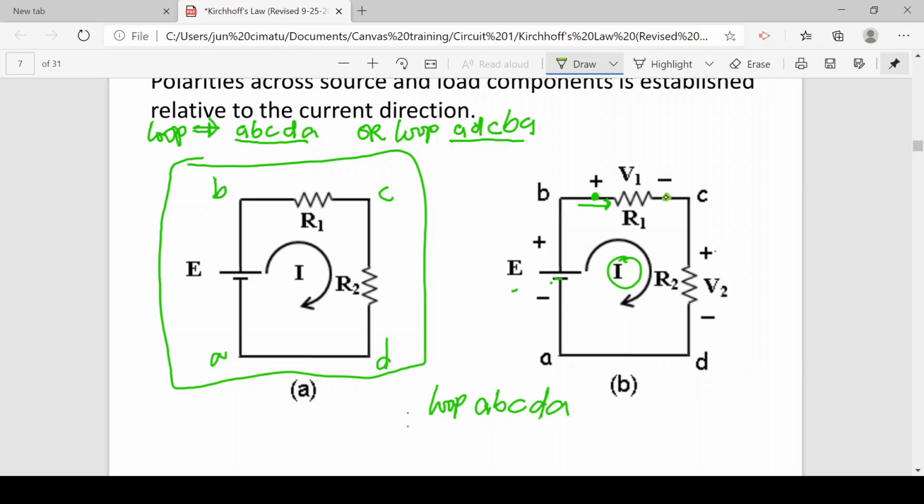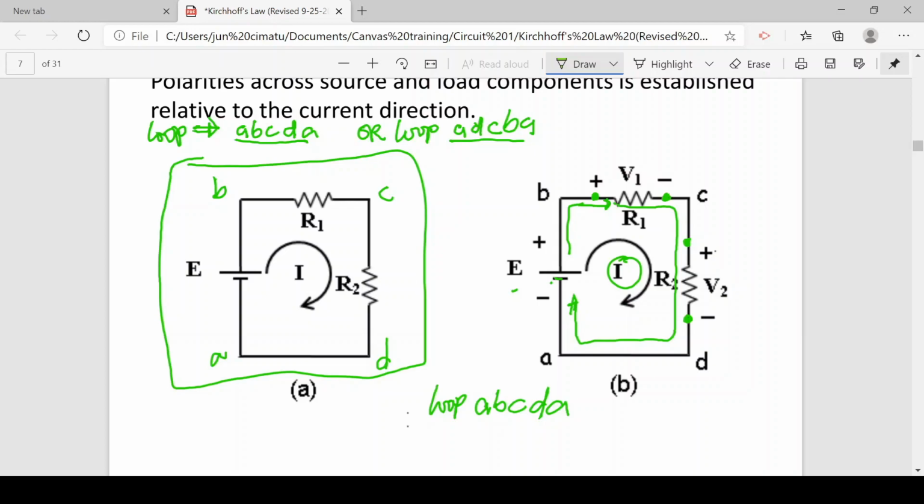It leaves at this terminal, and so it is negative. Then in R2, it enters at this terminal, so this terminal is positive and the other terminal is negative. So the current goes from the battery and goes back to the battery.